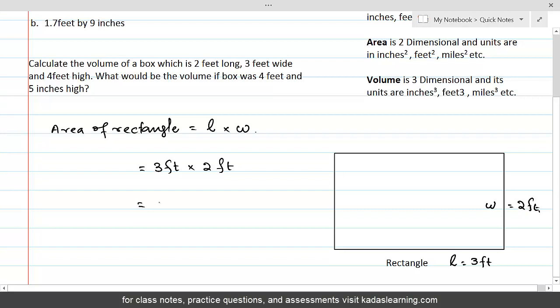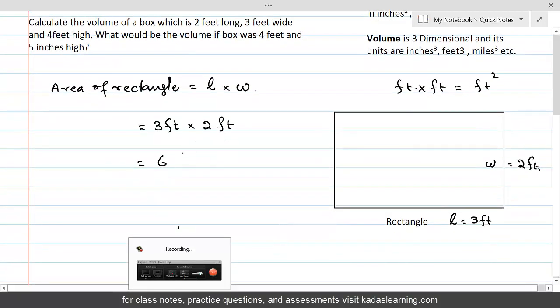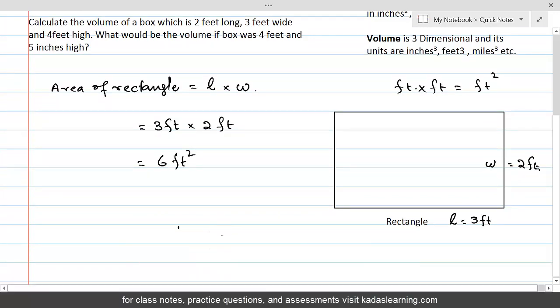So 3 times 2 will be 6, but feet times feet, according to the laws of exponent, this will be square feet. So that's why we write 6 square feet here. This is how we write the unit of area.